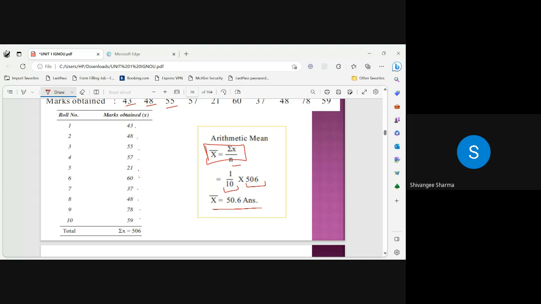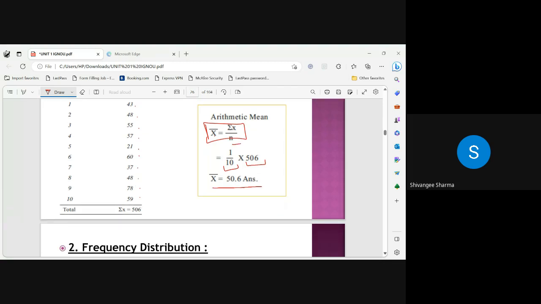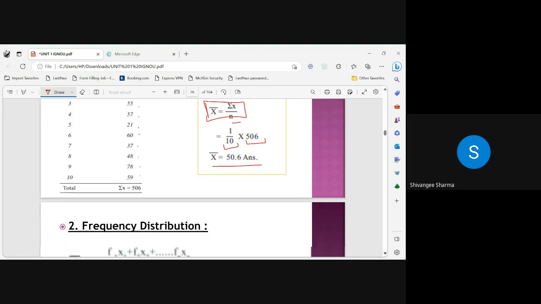So this class does not belong to the first class category because that requires 60% and above. But this can also belong if the total of marks is 80. Suppose this calculation is done out of 80, not out of 100, then it can be possible.